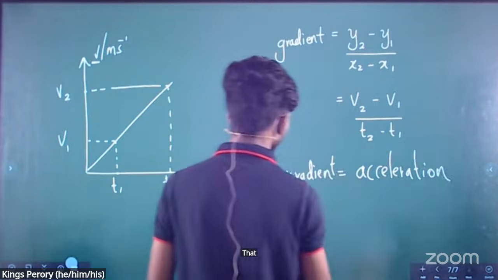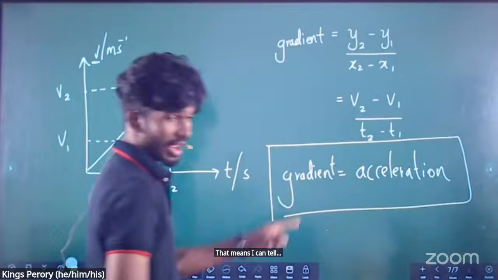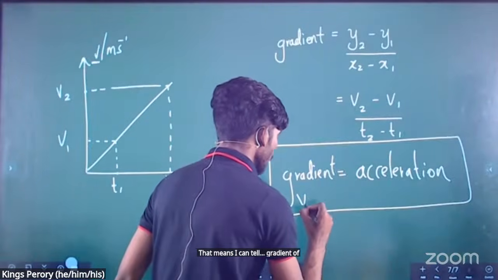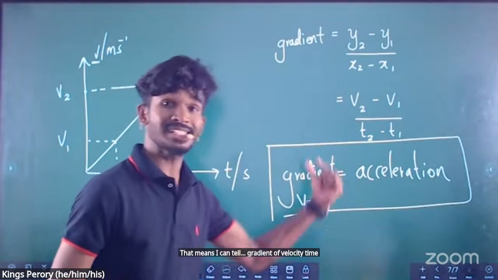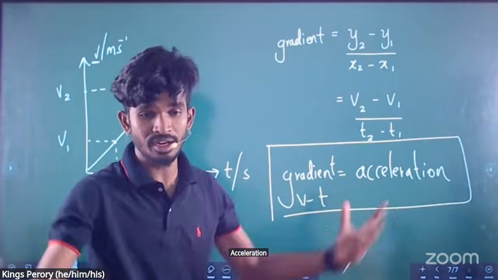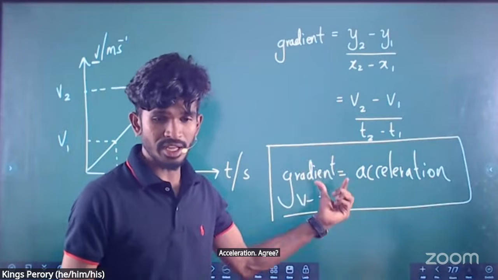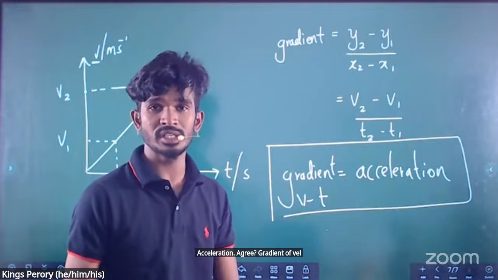That means the gradient of a velocity time graph gives us acceleration. Agree?